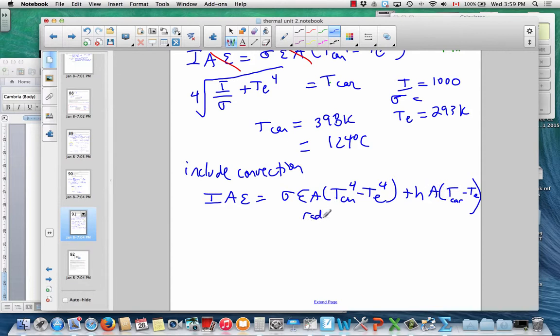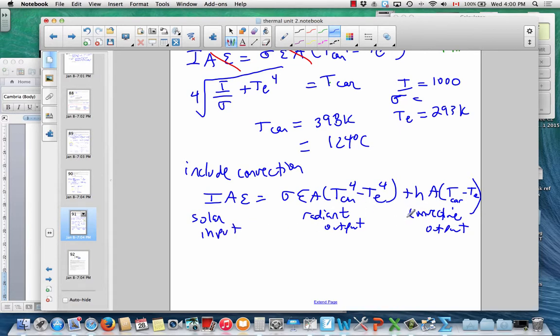So this is the radiant output, and this is the convective output. Sorry, this is the solar incoming.